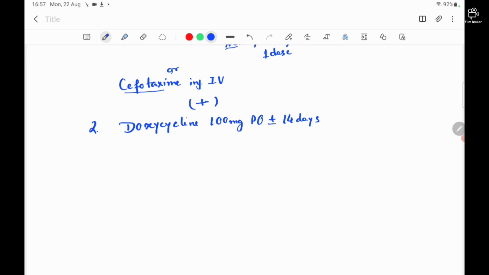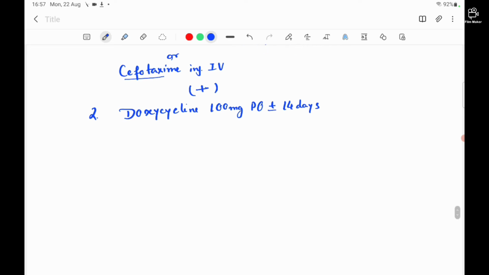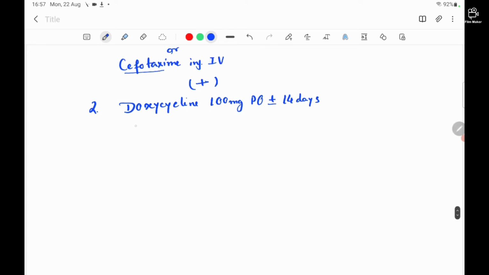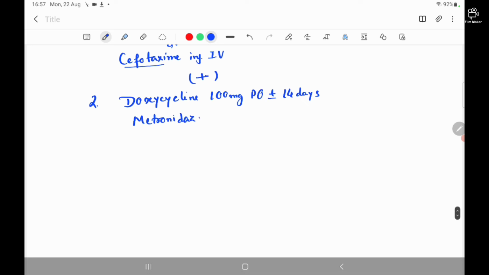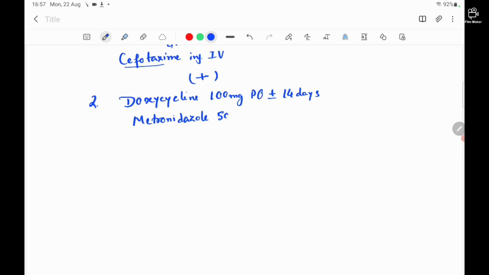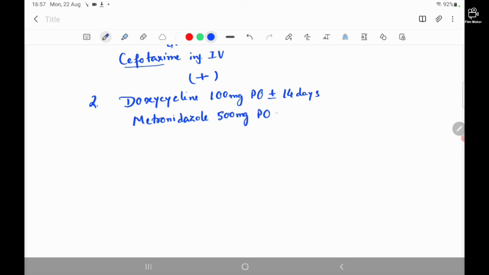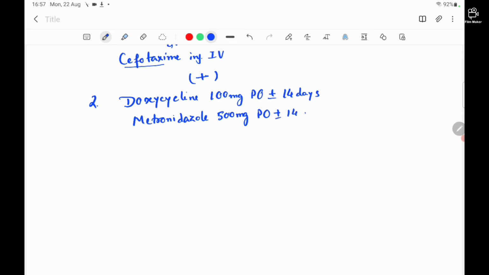Generally doctors prefer that 7+7 regime. If the patient is cured in 7 days, we don't go for another 7-day regime. And metronidazole 500 mg, same thing, PO plus minus 14 days.